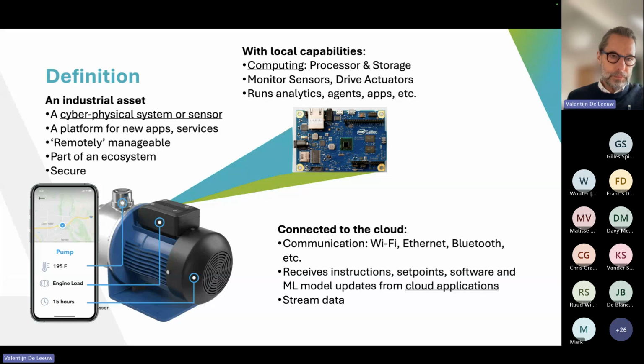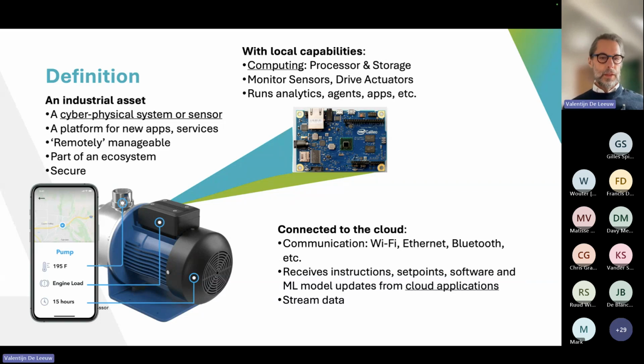And that asset is connected to the cloud through Ethernet, Bluetooth, whatever, and thereby it can receive instructions, it can receive set points, it can receive software updates, machine learning model updates from cloud applications. And of course, you can stream data from the asset to the cloud.